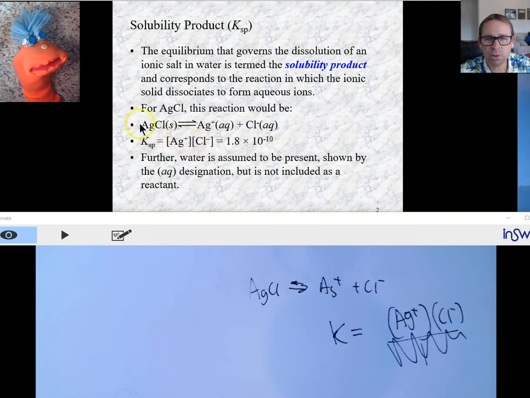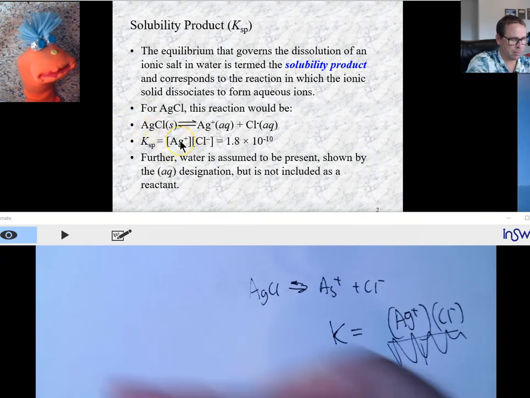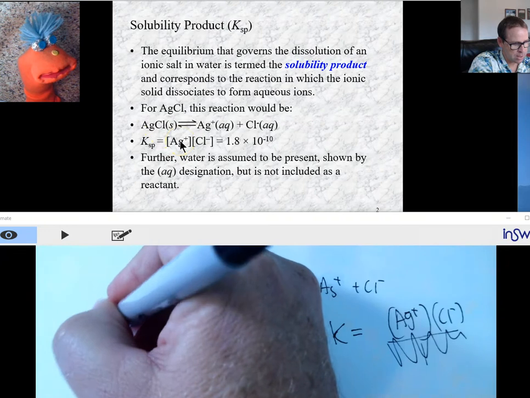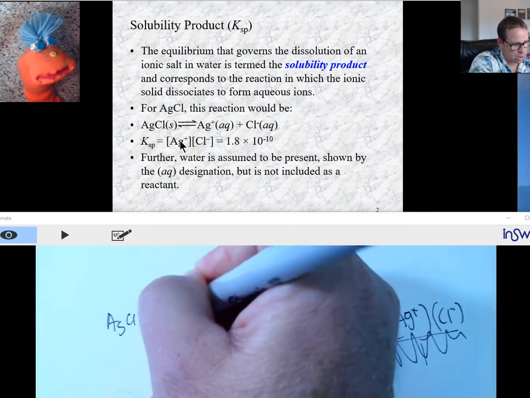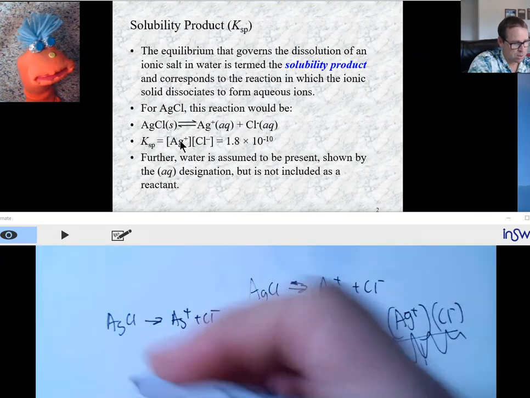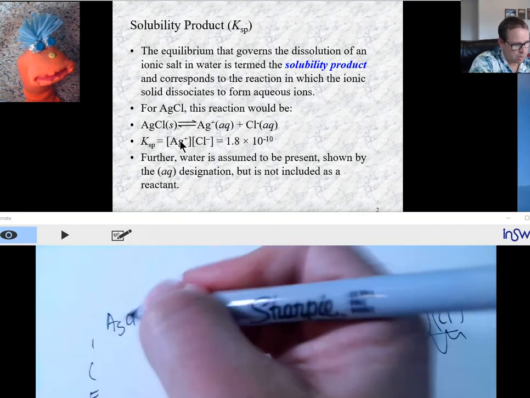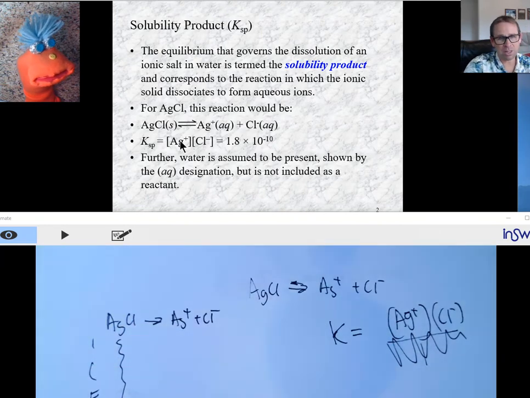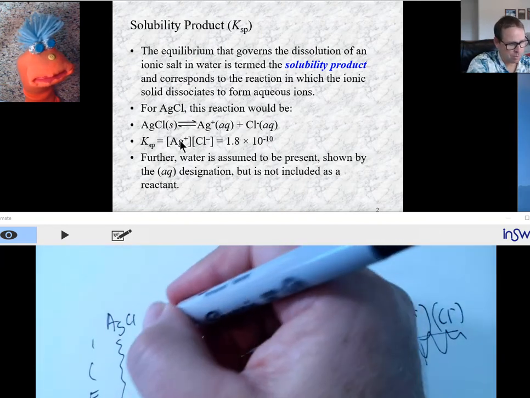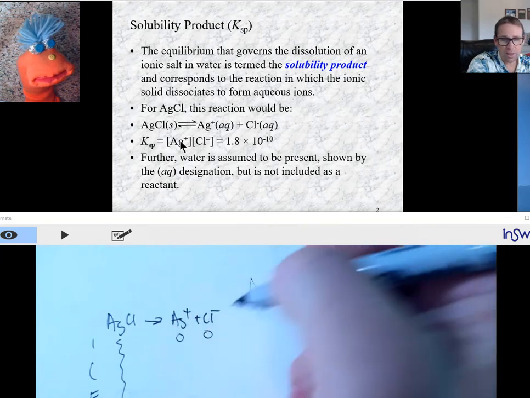If you just put silver chloride into solution, then any amount of this material that appears, looking at the ICE table, AgCl going to Ag ion and Cl minus. The initial concentration doesn't really matter, because it's not soluble, so I'm going to start off with nothing here.